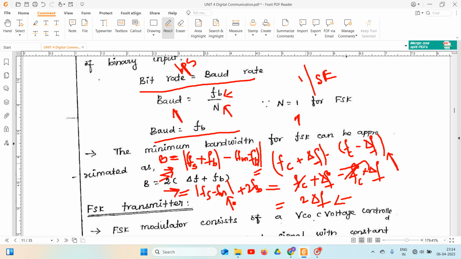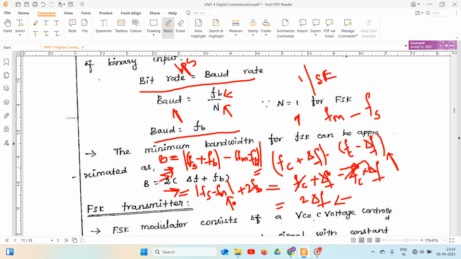You can also write here, I have written it as mark frequency minus space frequency. Here we have written it in the form of a modulus, so even if you get a negative value, my result is always positive. Originally Fm minus Fs.